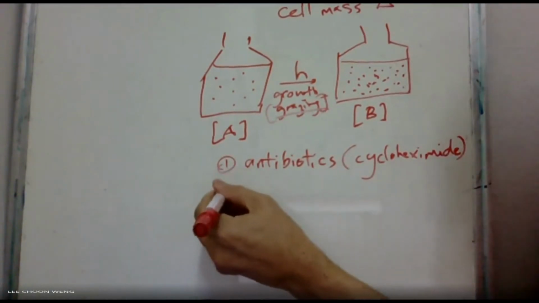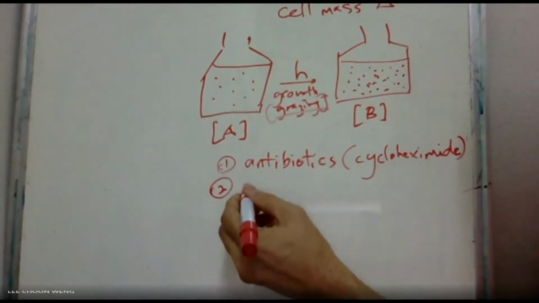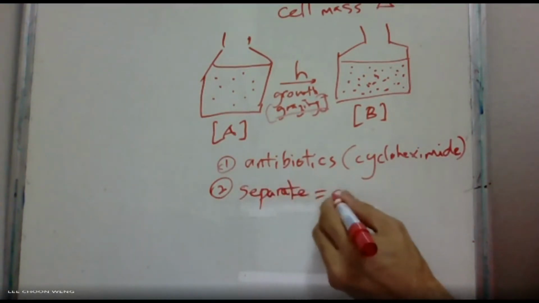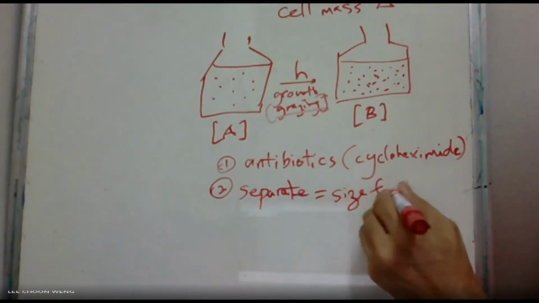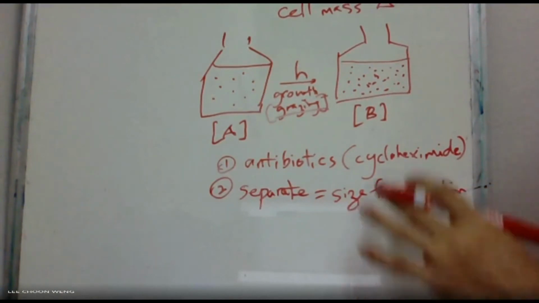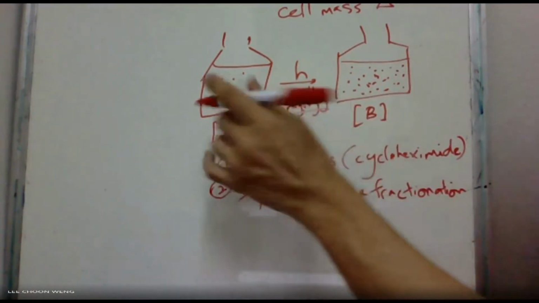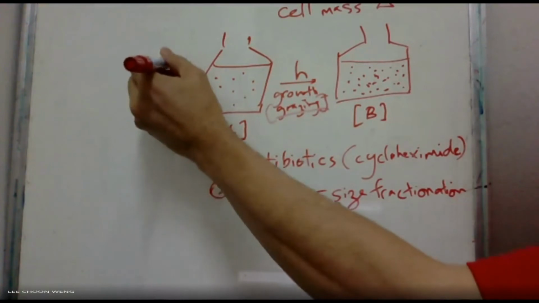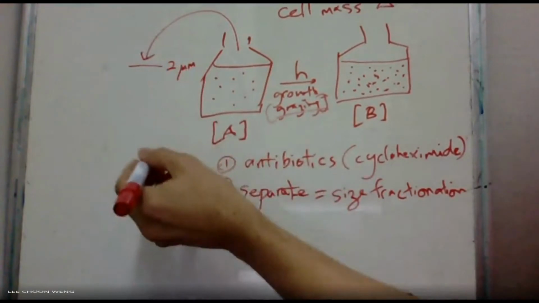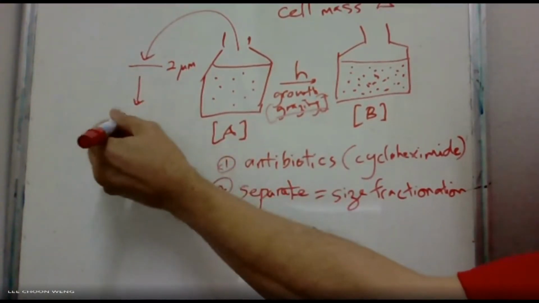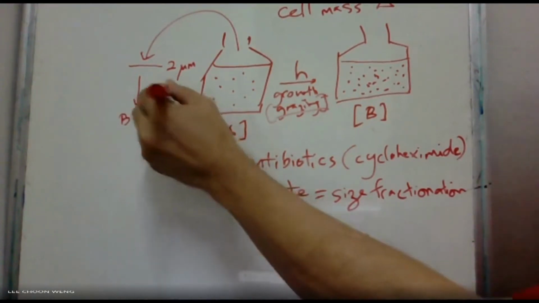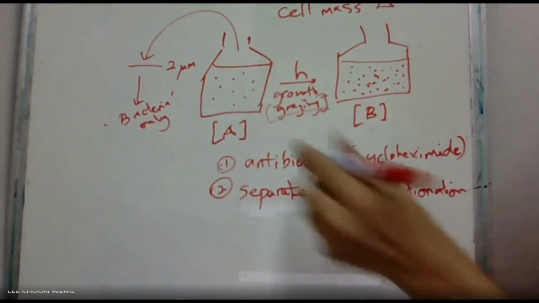Another is to separate them. The term they use is size fractionation. You divide your water sample through a filter, usually about a 2-micron filter. The filtrate will have bacteria only, and then you incubate here.